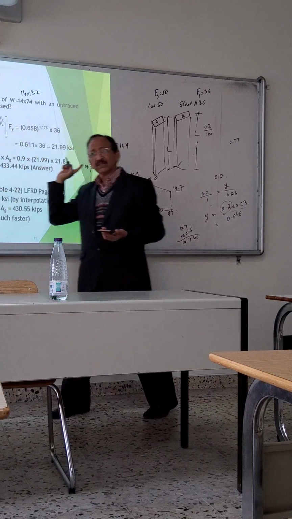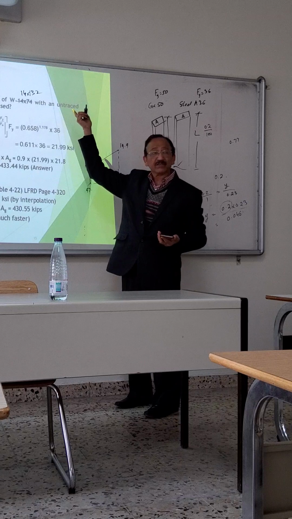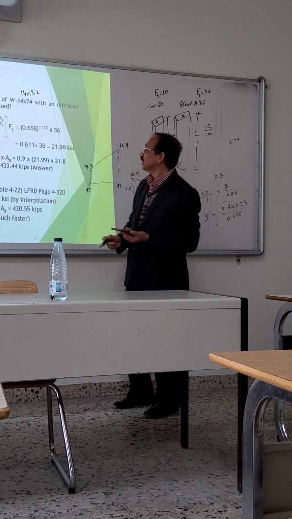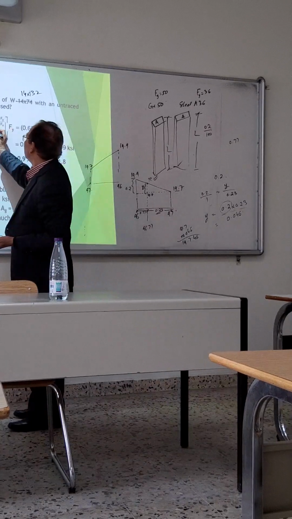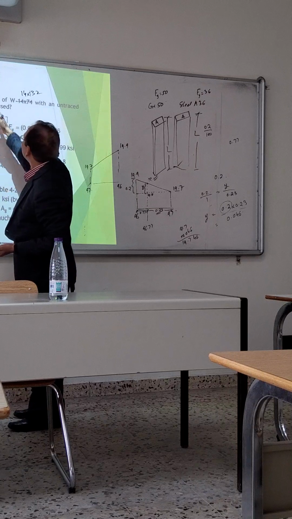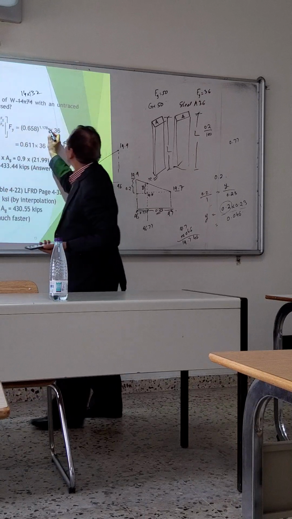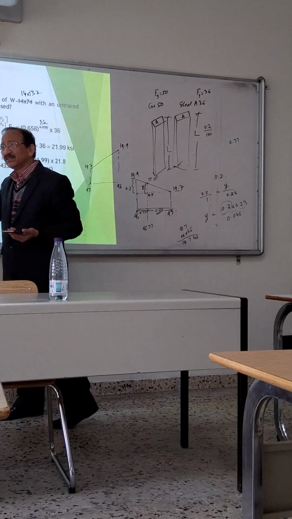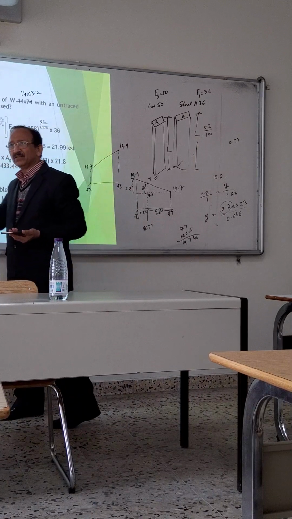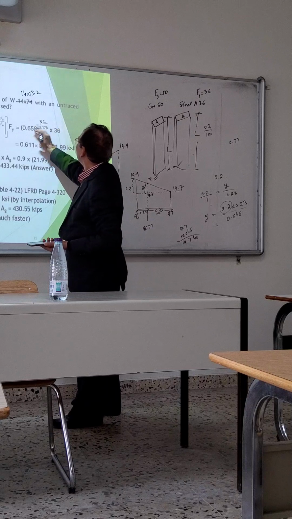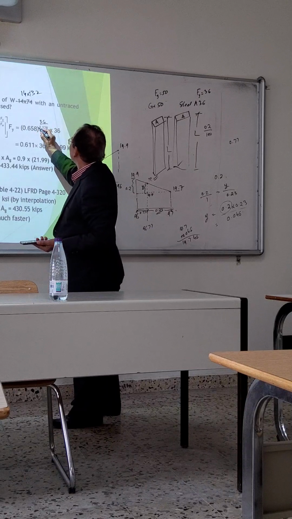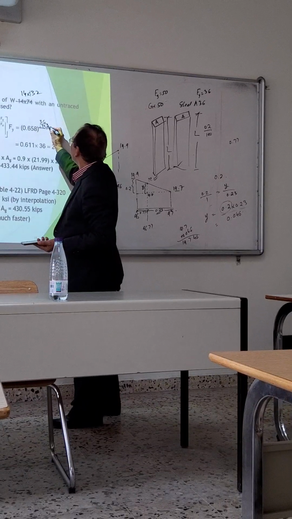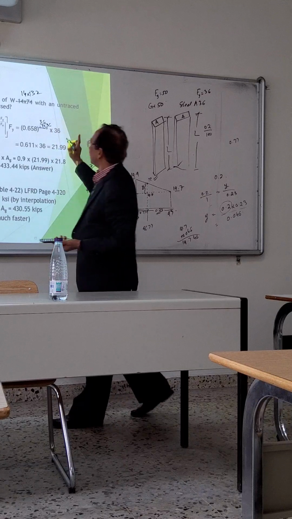Greater, so you will use equation 3.2, same equation. 0.658 raised to Fy over Fe, and Fy is 36. Fe is 70.32, so this is 36 over 70.32, multiplied by steel grade 36.